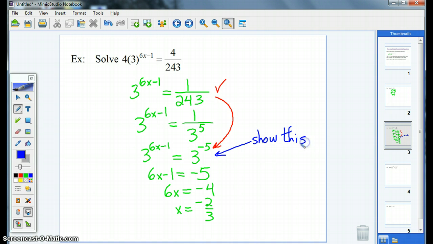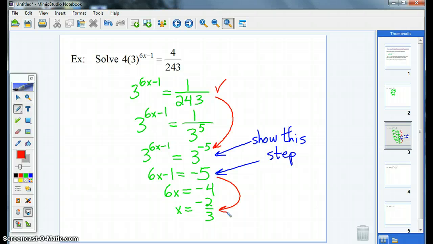Very important that you show this step of two equal powers with the same base before you jump to the next step. Make sure you also show the step then where you have equated the exponents. These are both concept steps, so they're very important that they're shown. Of course, once you have that simple linear equation written, if you can jump to the answer down there, that's great as well.